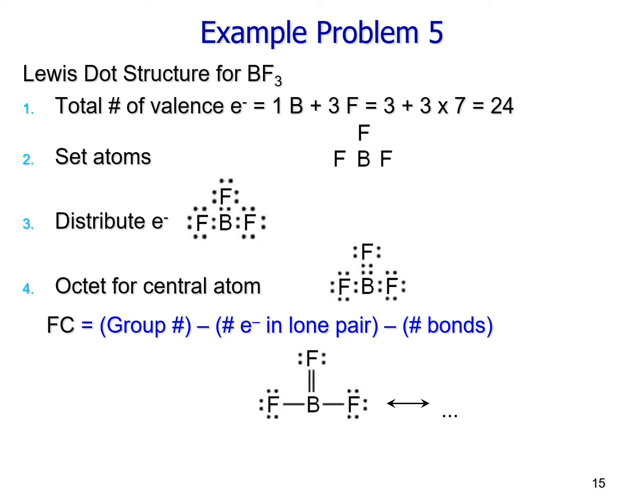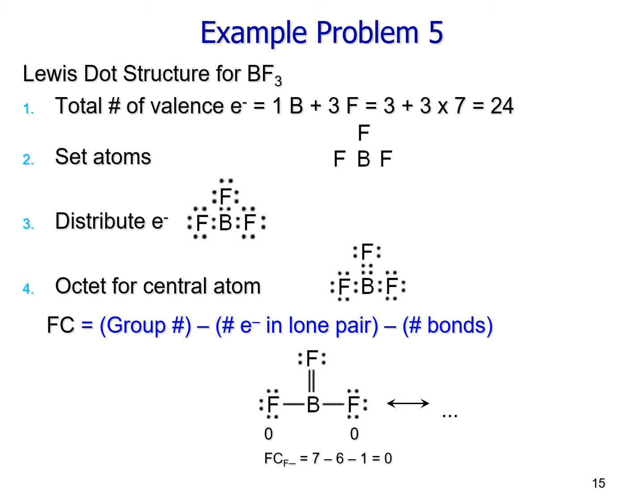Remember, formal charge is group number minus the number of electrons in lone pairs minus the number of bonds. Let's check out those fluorines. We have a double bonded fluorine and a single bonded fluorine. For the single bonded fluorine, group number is 7, 6 electrons in lone pairs, with a single bond. The formal charge of fluorine is 0.